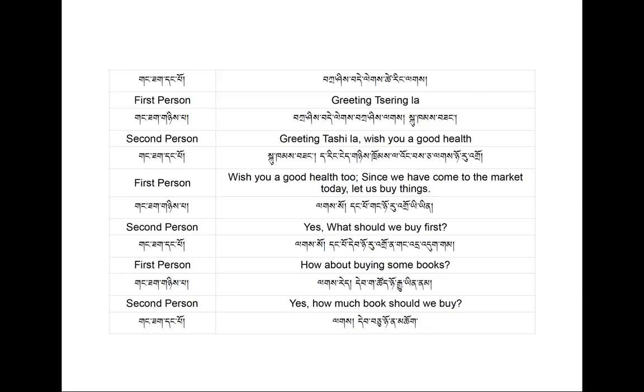So if we want to say pencil or pen, we have nyuku. Nyuku nga, 5 pens. So you see that the numbers always come after the particular article or the object in Tibetan.